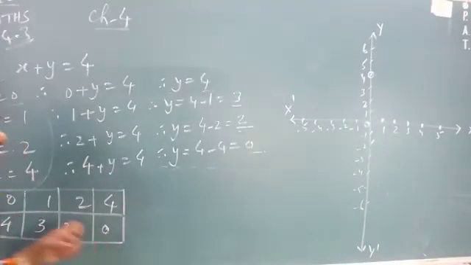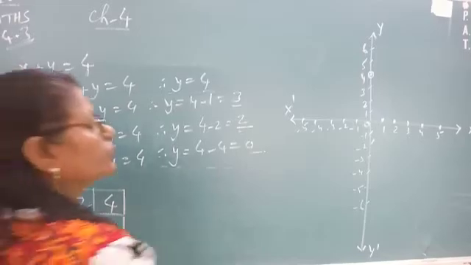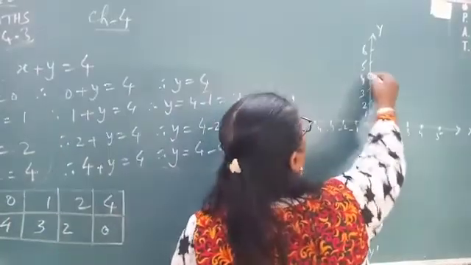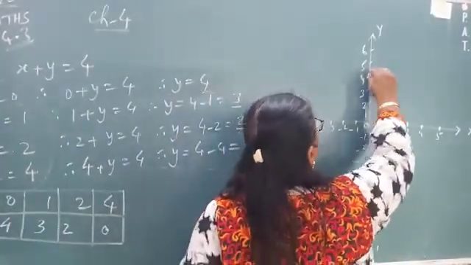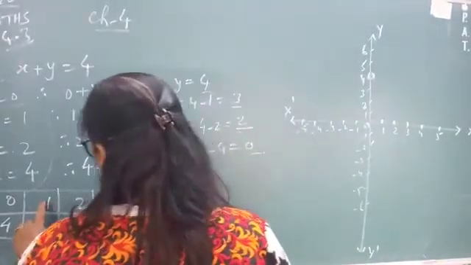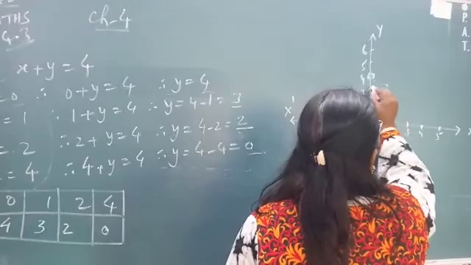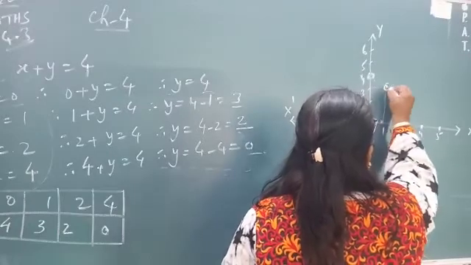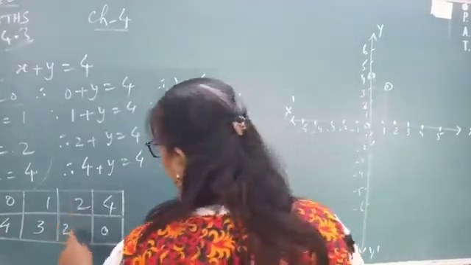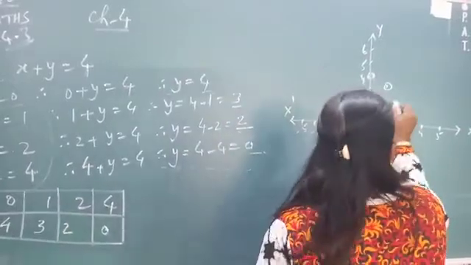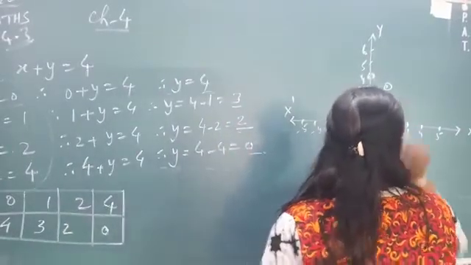Now we plot the graph. We take the ordered pair 0, 4: 0 on the x-axis, 4 on the y-axis. This is our first point. Now the second point 1, 3: 1 on the x-axis and 3 on the y-axis. So this will be our second point. Third one, 2, 2, in this way we take.